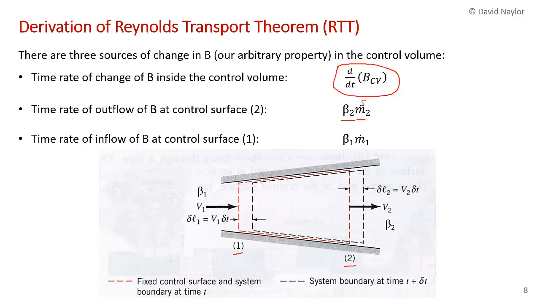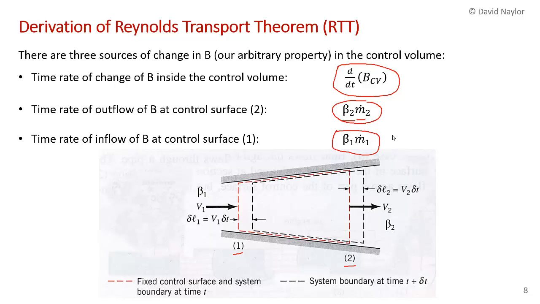So beta 2 times m2 dot is the rate at which B is flowing out, for example, momentum is flowing out of the control volume at section 2, and beta 1 m1 dot is the rate at which property B is flowing into the control volume at cross section 1.